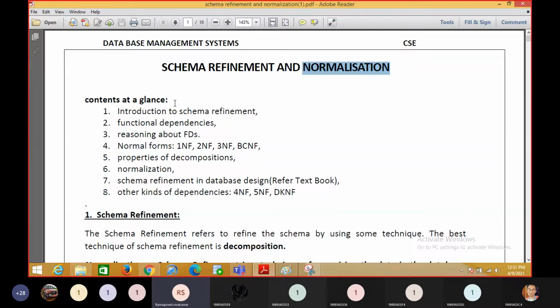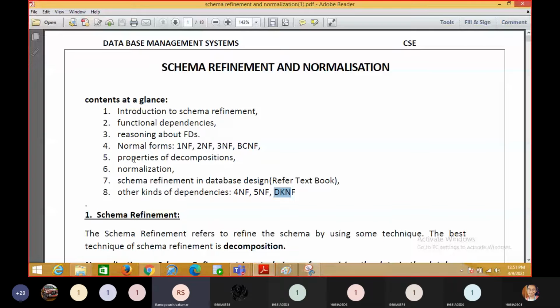The topics we will discuss are: first schema refinement; next functional dependencies and reasoning for functional dependencies; next normal forms like first normal form, second normal form, third normal form, BCNF; next fourth normal form, fifth normal form, and DKNF normal form.